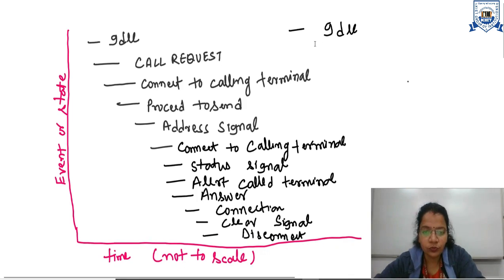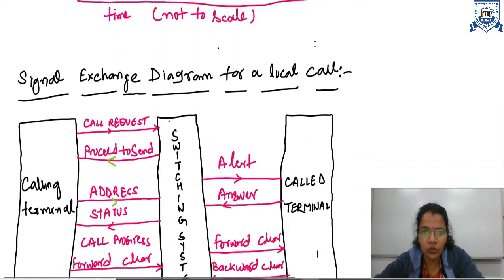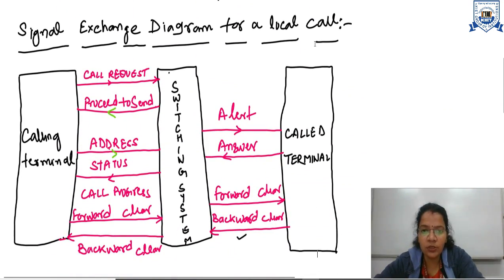Okay, so next I will discuss the signal exchange diagram for a local call. There are some basic techniques: signals sent in the direction away from the caller and towards the called line are called forward signals, and those sent towards the caller and away from the called line are called backward signals.